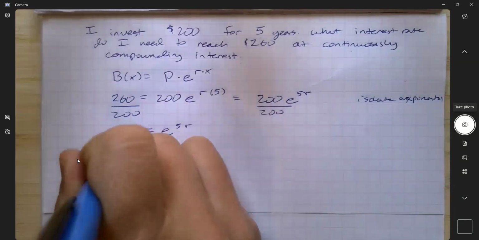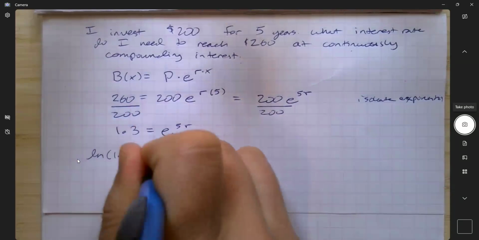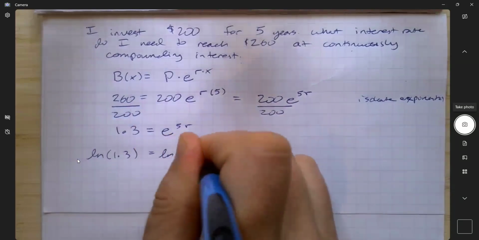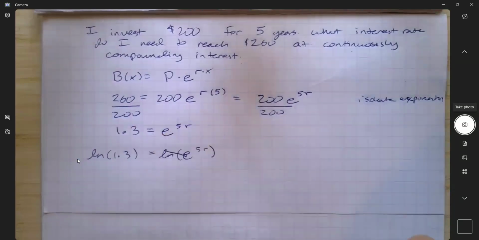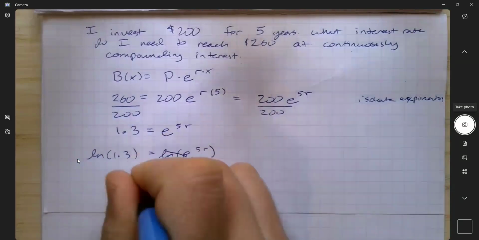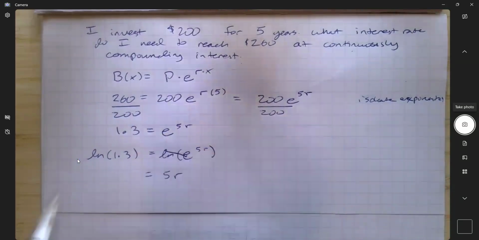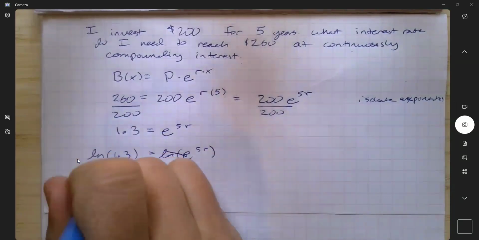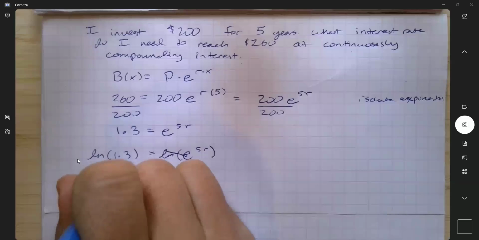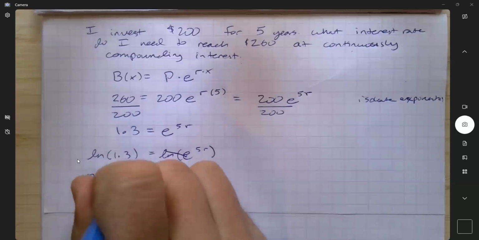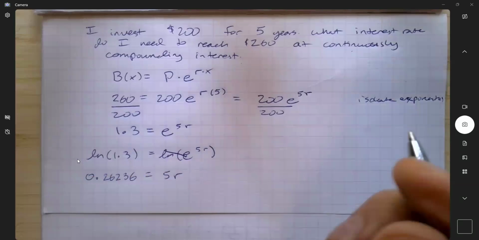I can take the natural log of both sides because natural logs cancel out the exponential. Desmos will give me a nice accurate estimate of natural log of 1.3. It's 0.26236. That's probably close enough.